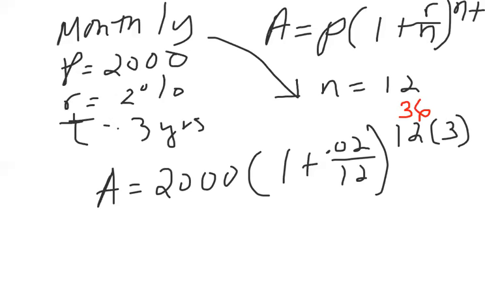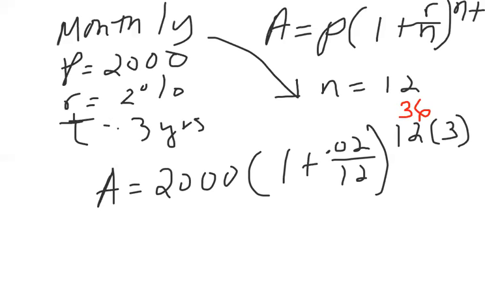So when I type it into my calculator, hopefully you guys are listening, I would do 2,000, open parentheses, 1 plus 0.02 divided by 12, close the parentheses, hit your power button, guys, and raise it to the 36 power, okay? Now, I'm typing it in exactly like I see it. The only difference is rather than using the 12 times 3 power, I'm using the 36 power, guys.